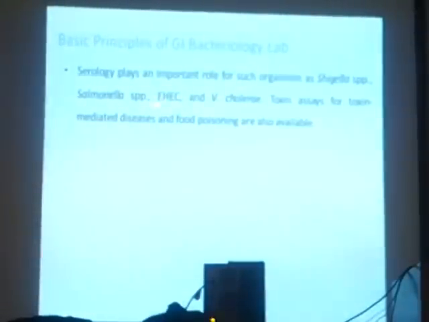So serology is very important for Salmonella, Shigella, and Vibrio cholerae. We are supposed to have learned about that in the theory lectures. Toxin assays for toxin-mediated diseases like Clostridium difficile pseudomembranous enterocolitis, and food poisoning, Staph aureus, Bacillus cereus, etc. are also available.